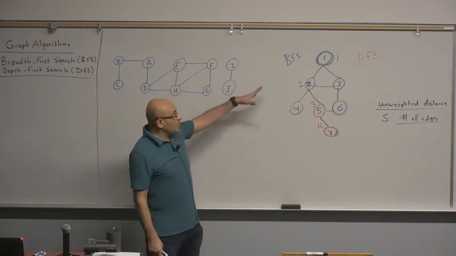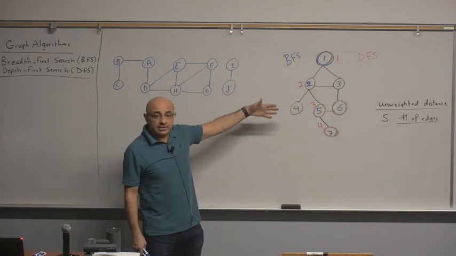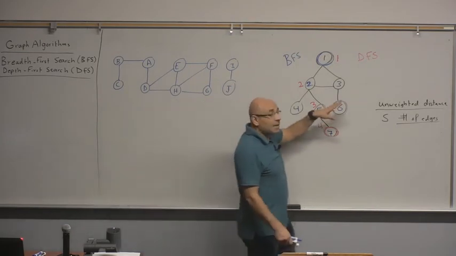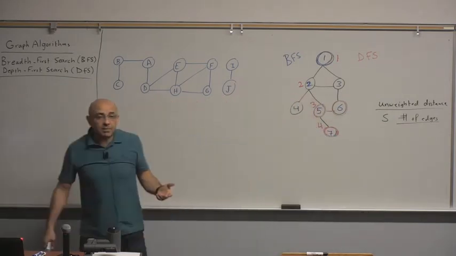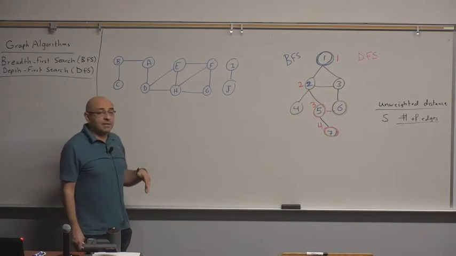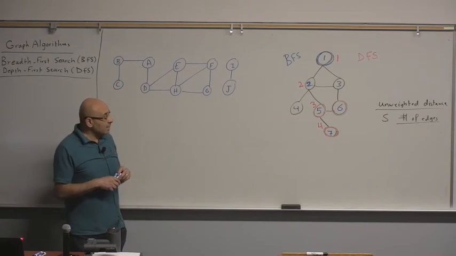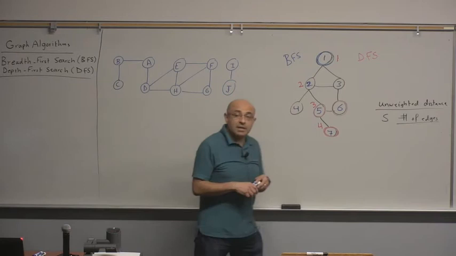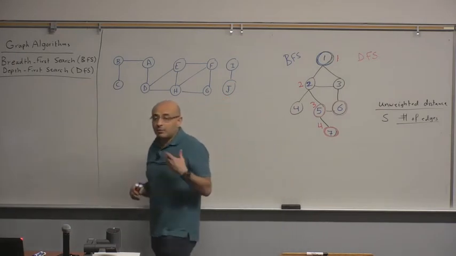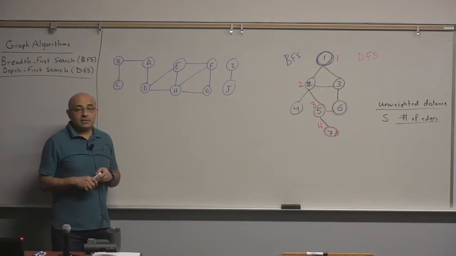So when your graph is unweighted, it only makes sense to talk about the unweighted distance. But if your graph is weighted, both make sense. Even if your graph is weighted, the unweighted distance can still make sense, because it counts the number of edges between two vertices. Basically, when you compute the unweighted distance in a weighted graph, you are ignoring the weights.